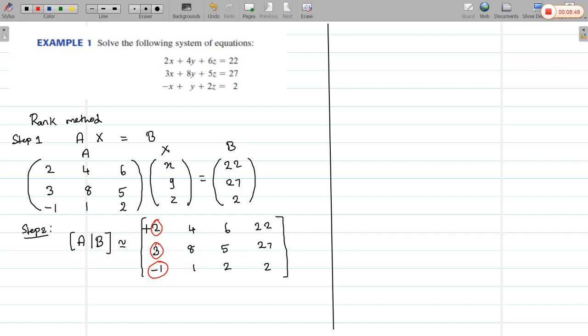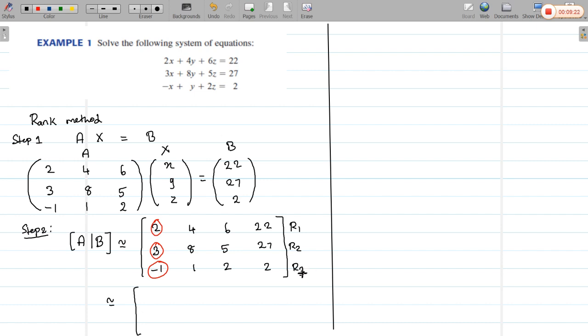Now, see, if I want to make the element 2 as 1, I am going to divide this row 1 by 2. What is the reduction I am going to use? I consider this as row 1, row 2, row 3.